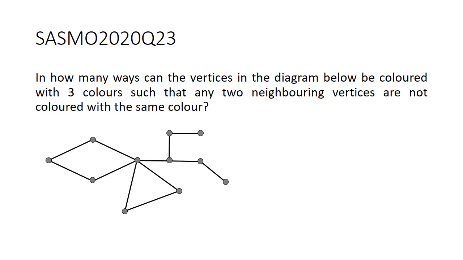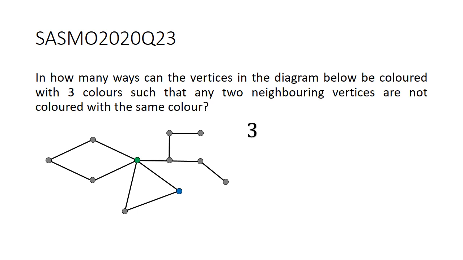Let's solve this problem by studying the vertex right in the middle, just above the triangle. Now this vertex could be red, it could be blue, or it could be green, 3 possible colors. So let's say that there are 3 ways to color this vertex. Now if we look at the rest of the triangle, assuming that the vertex above is green, there's 2 possibilities for the other 2.